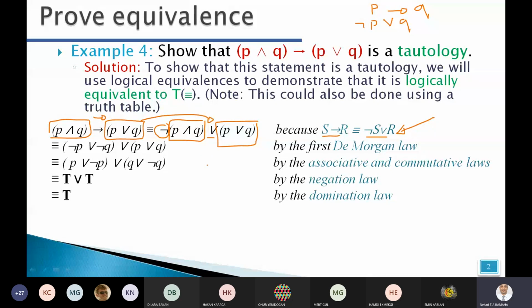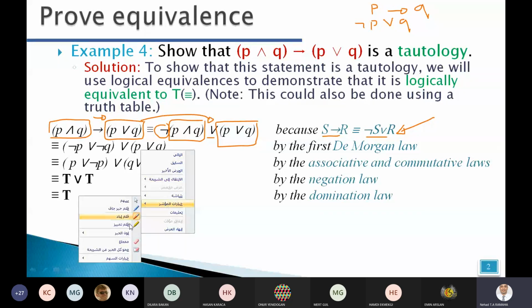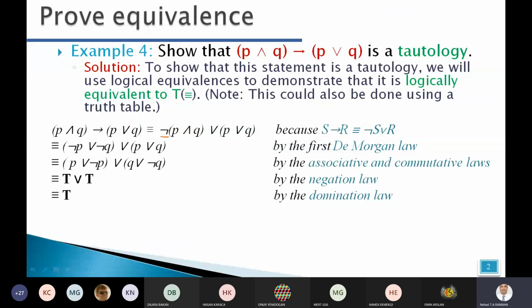Okay. Now, if you look here, we have a not. Always, if you have a not with a parenthesis like this, you need to get it inside. De Morgan's law says that if we have not of a parenthesis, for example S or R, then you can distribute it inside.